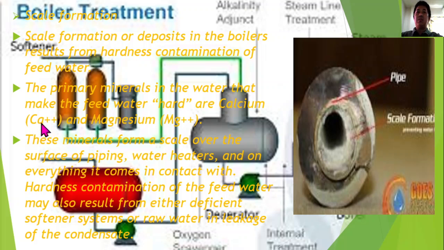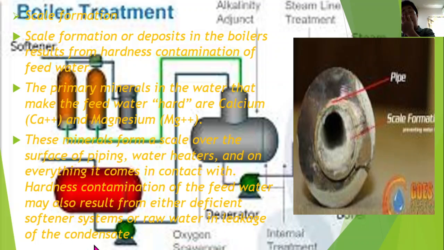So this is the chemical symbol of calcium. These minerals form a scale over the surface of piping, water heaters, and on everything it comes in contact with. Contamination of the feed water may also result from either a deficient softener system or raw water in-leakage of the condensate.